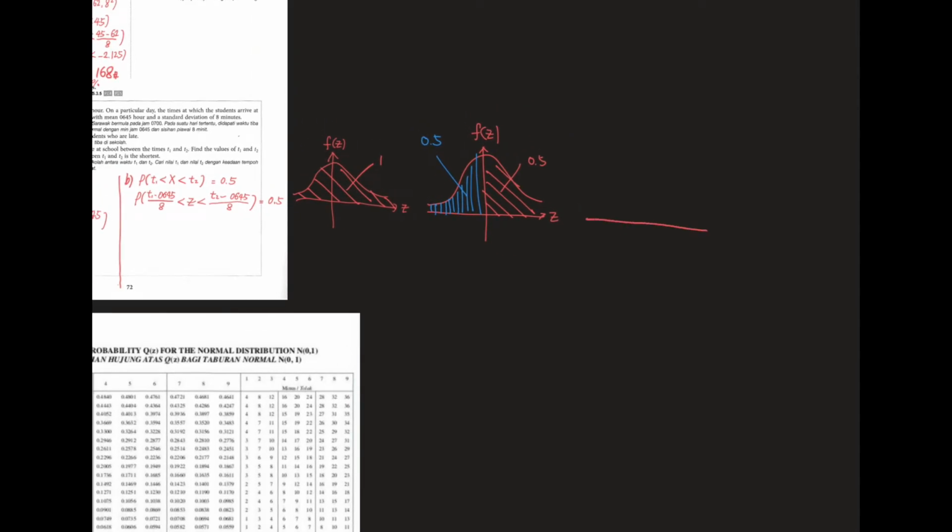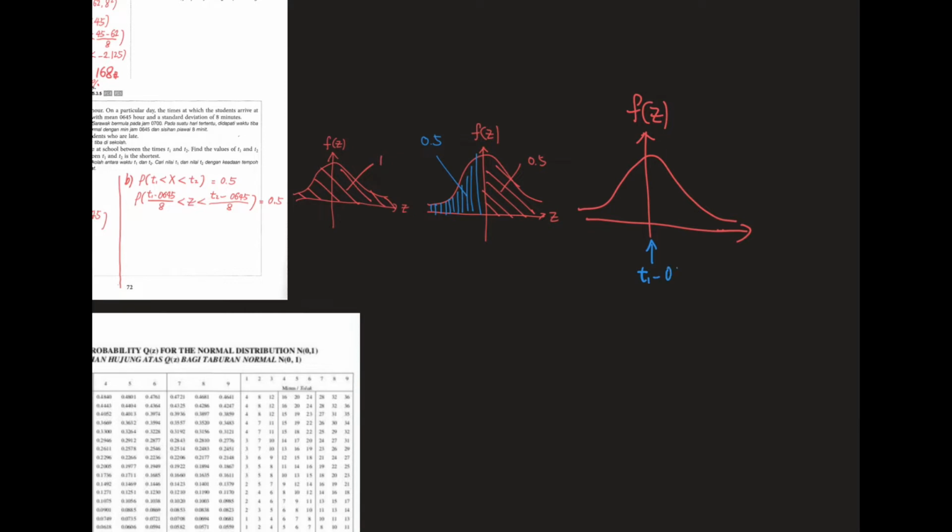If you are thinking whether we can just take half of the graph like this or not, let's see. I draw the graph like this. Can I assume that my first fraction, this one, (T1 minus 0.645) over 8 is here, and (T2 minus 0.645) over 8 is on the right-hand side?